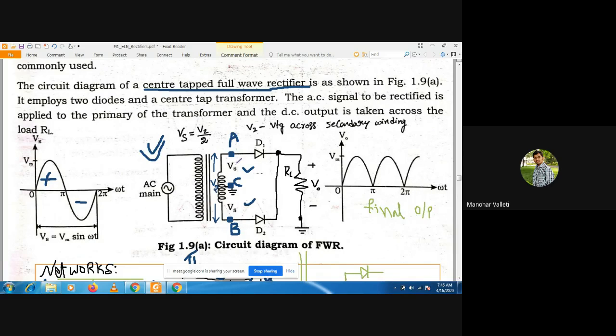So what is the relationship between Vs and V2 here? Vs is equal to V2 by 2, meaning the secondary transformer voltage is equally divided into two parts using the center tap.